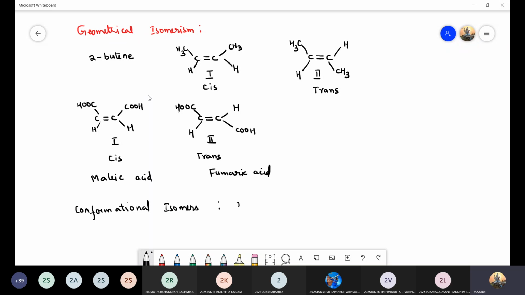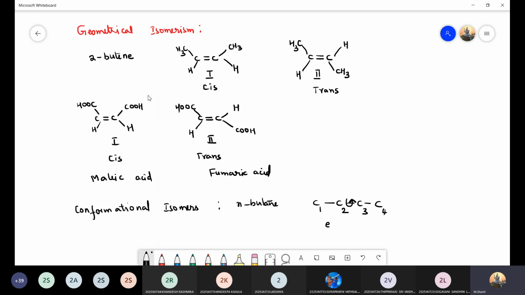For example, if you take n-butane, 4 carbons would be there, 1, 2, 3, 4. With the rotation of the C2-C3 bond, these will result in the formation of isomers, and you call them conformational isomers.